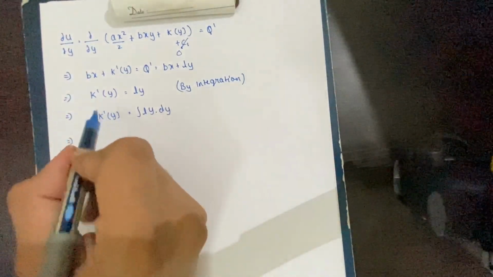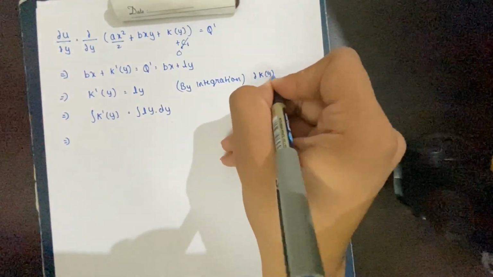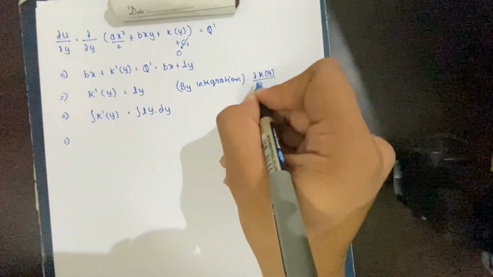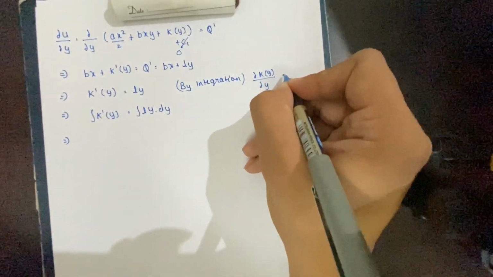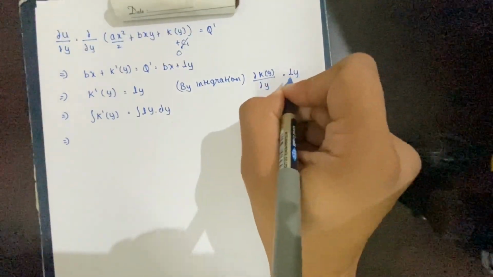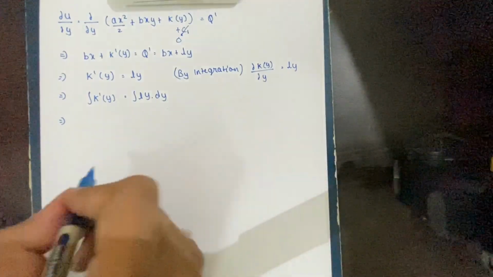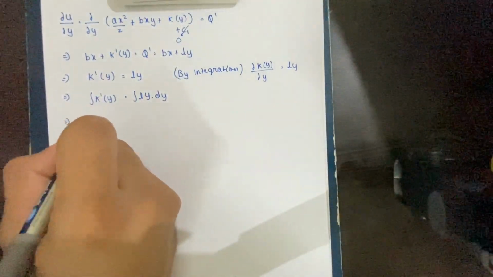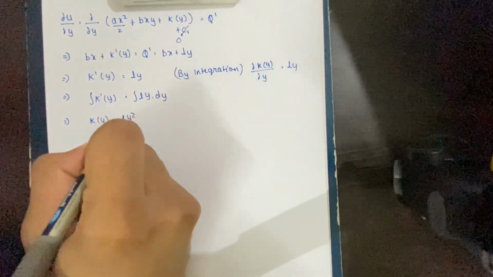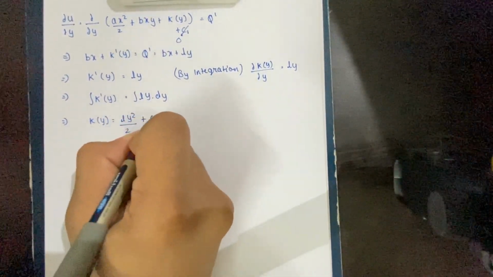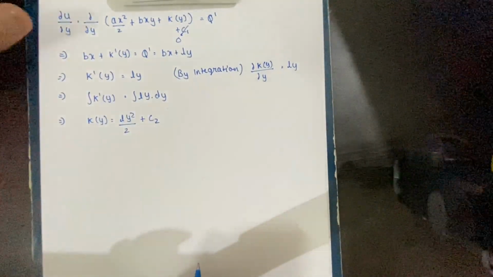This was basically del k of y by del y equals ly. Since we only have one variable, the del converts into a d, and we get k of y equals ly square by 2 plus, let's say, c2, again some integration constant.